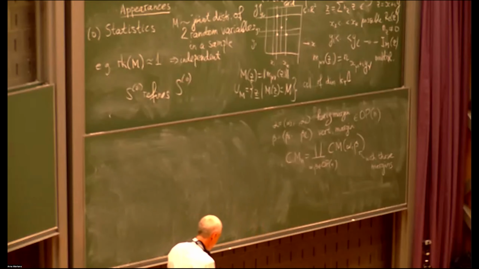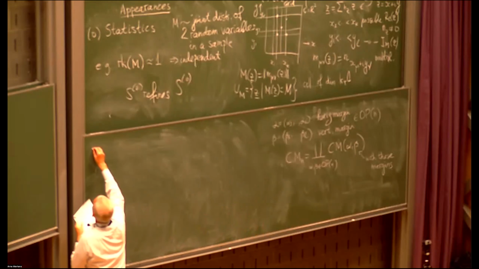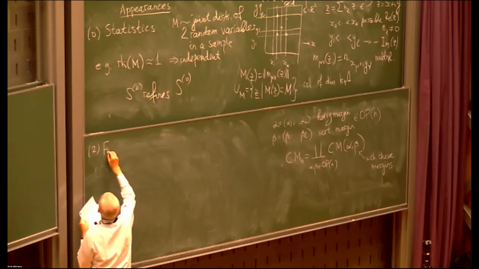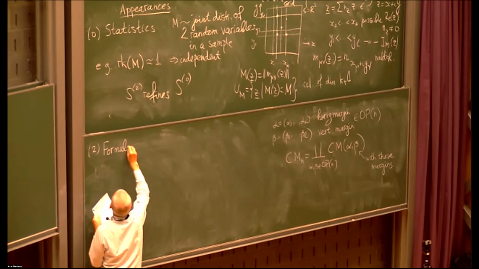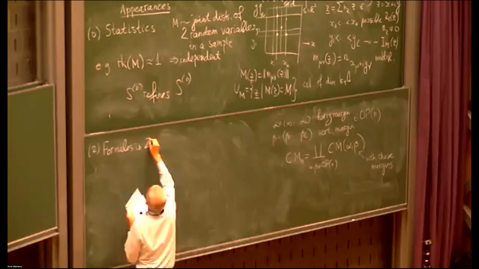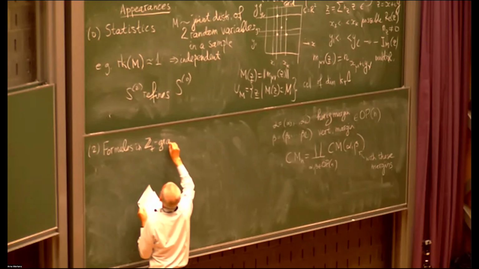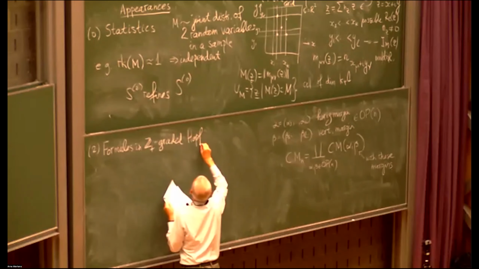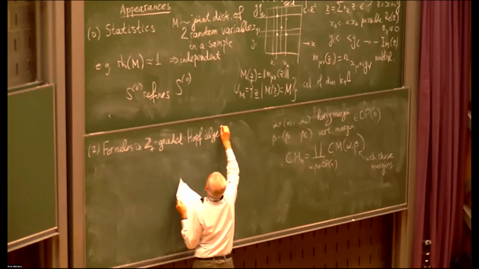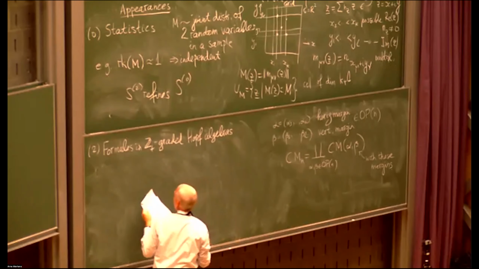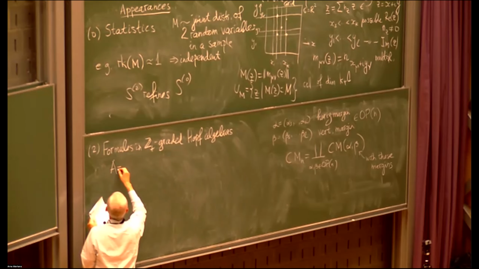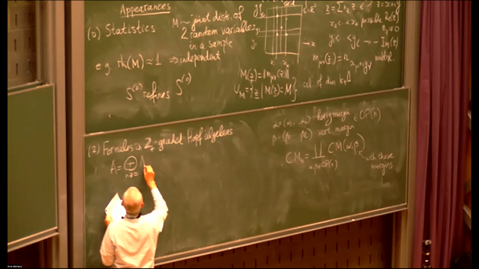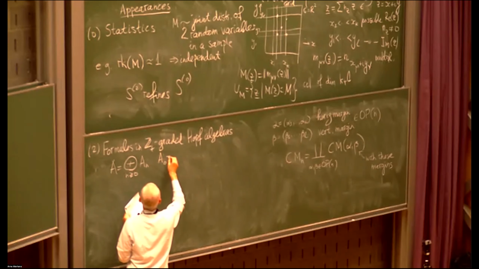So, appearance number 2 is the formulas in Hopf algebras. Take a Z plus graded Hopf algebra. So we have such an algebra A, which is the direct sum for n greater than or equal to 0 of A_n. Suppose the 0 part is our base field.